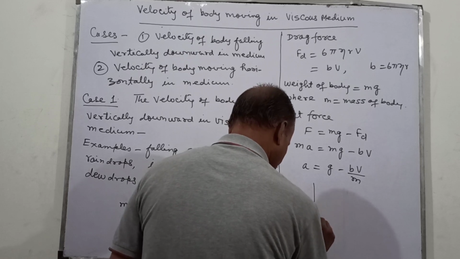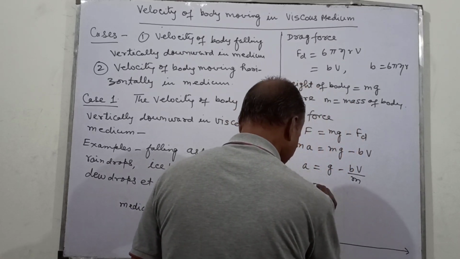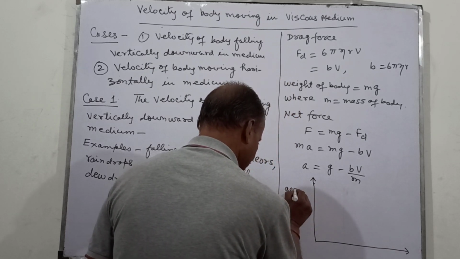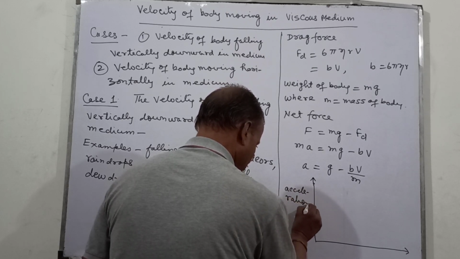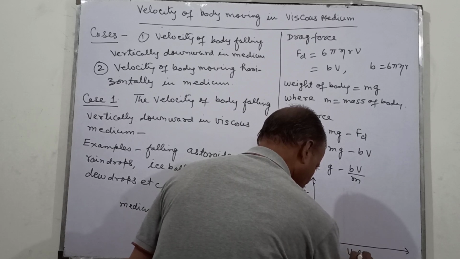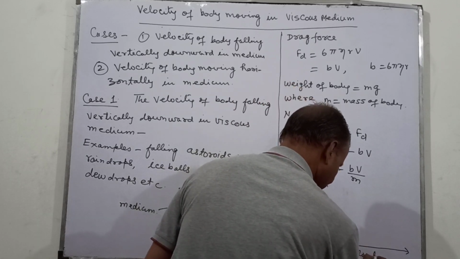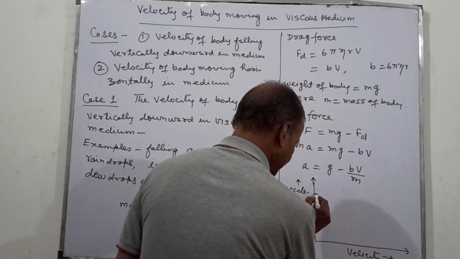If we draw the graph here, this is the acceleration, this is now velocity. Then this graph is like this one.